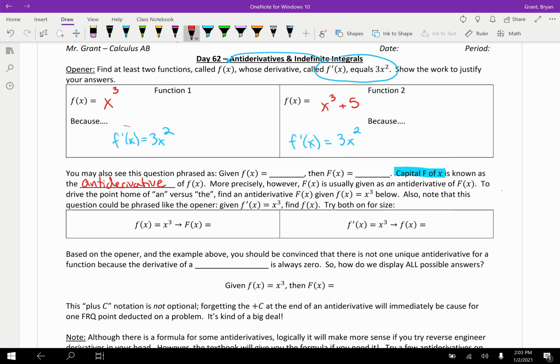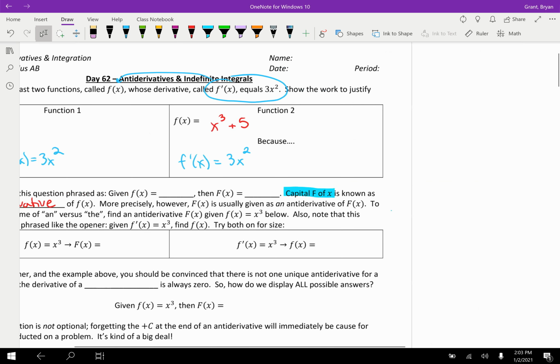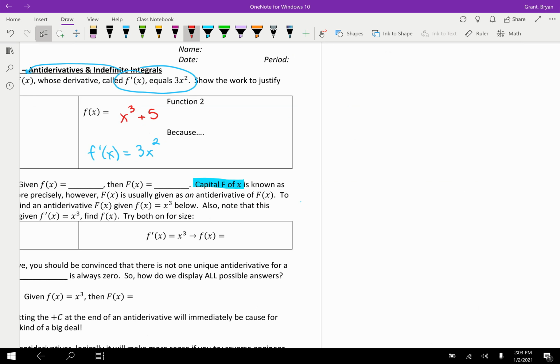We could say if you have f prime, then the antiderivative is f of x. But oftentimes, instead of starting with f prime, we like to start with f of x. And it should make sense that there's a step above f of x as well, right? You could even think of this as if we have f of x in our order here, and we wanted to take the derivative, so we wanted to find d dx of f of x, that would of course bring us to f prime of x, and then we could take the derivative again to bring us to f double prime of x.